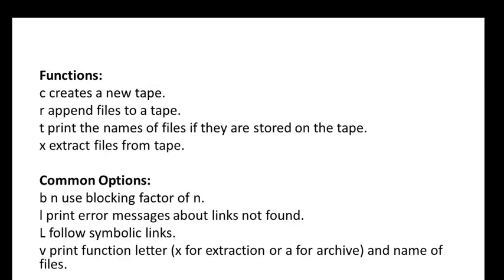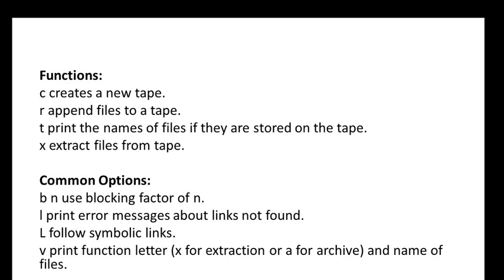The functions of the tar command are: c creates a new tape, r rewrites files to a tape, t prints the names of files if they are stored on the tape, x extracts files from tape.